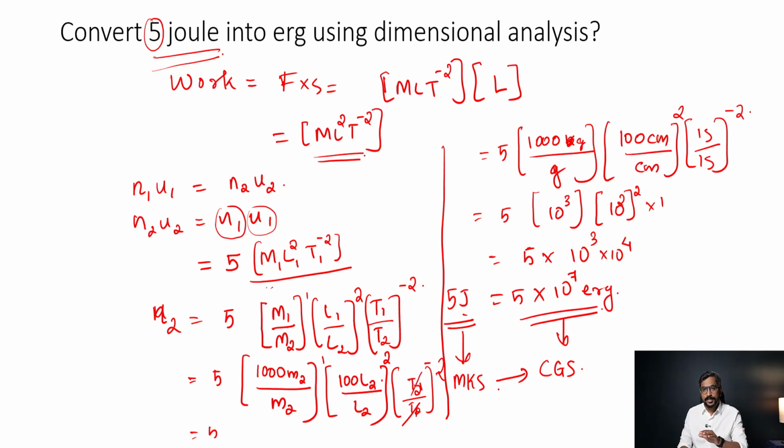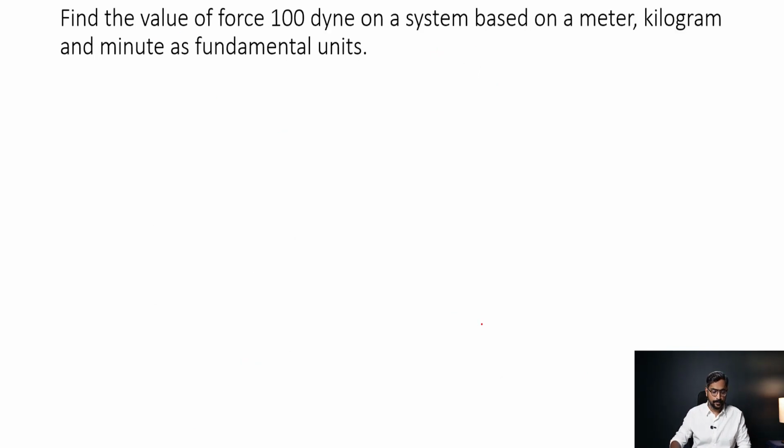From there, n2 is equal to n1 u1 divided by u2. From there you convert the units into corresponding units, cancel out the units and you will get the answer. This is how you convert one system to another system.